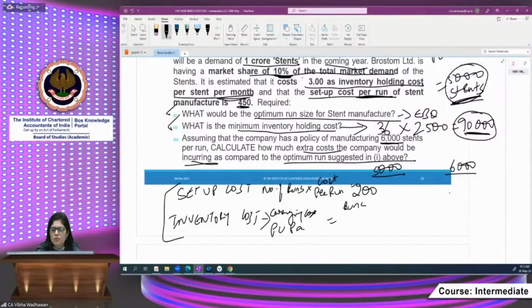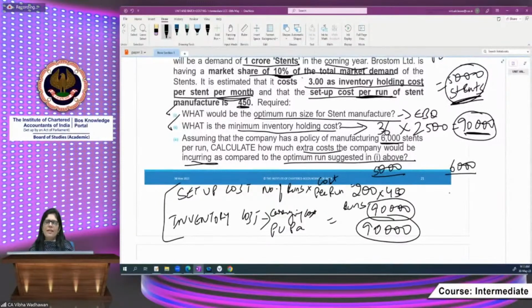200 runs or 200 batches into cost per run is 450. Cost per run is 450. So how much is the setup cost? 90,000. And inventory holding cost, we also have calculated 90,000. Students, remember, whenever at EBQ, economic batch quantity, the setup cost and the inventory cost will be equal. Clear?